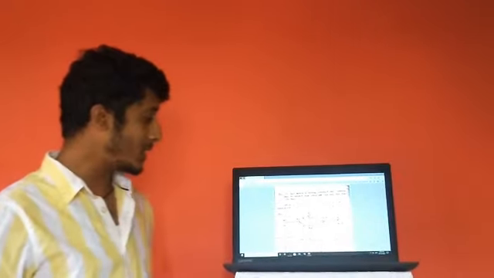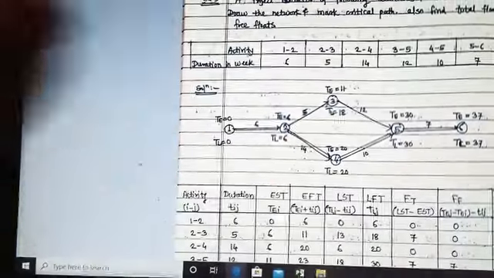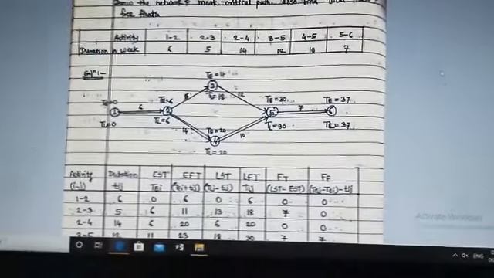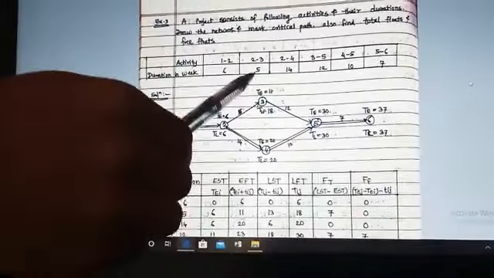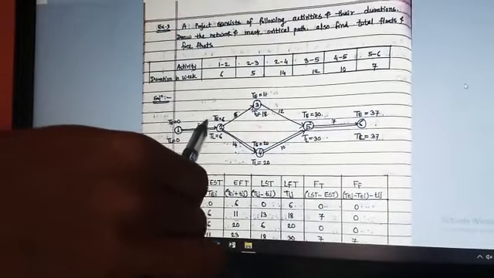The first way starts with 1 and goes to 2, then it takes a small diversion to 3, and then 5, and then 6. This is one way of reaching my end activity 6. But one more way to reach from start to end is 1 and then 2, and then without going to 3, I take a slight change.